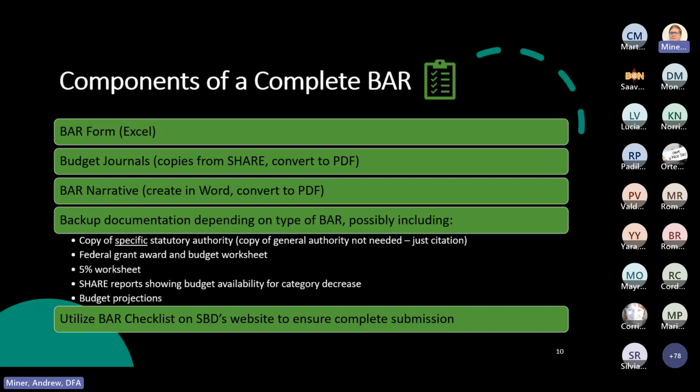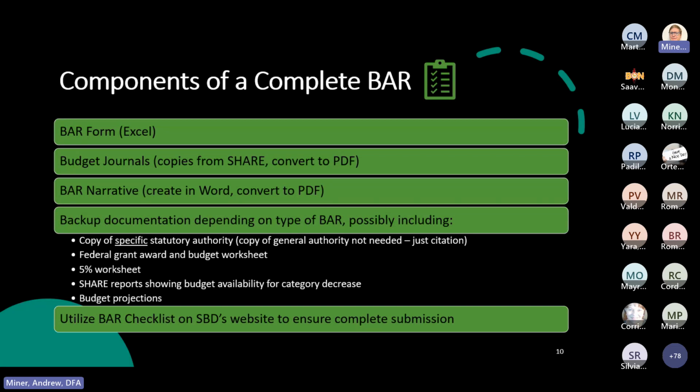So here are some things that could be included, maybe not all of these, but some of them. A copy of specific statutory authority. By that, I mean, is it specific in subsection E of House Bill 2, or is it a special revenue fund? Are you using one of those authorities to do this BAR?